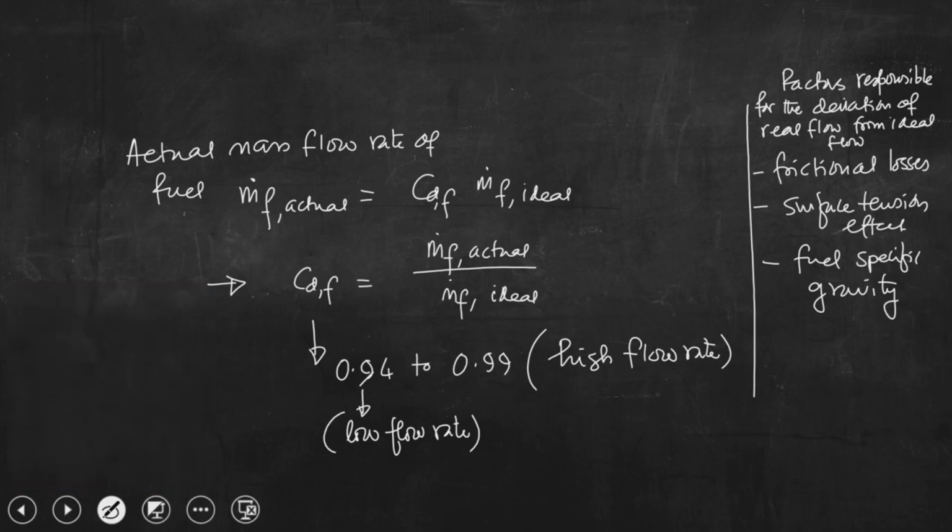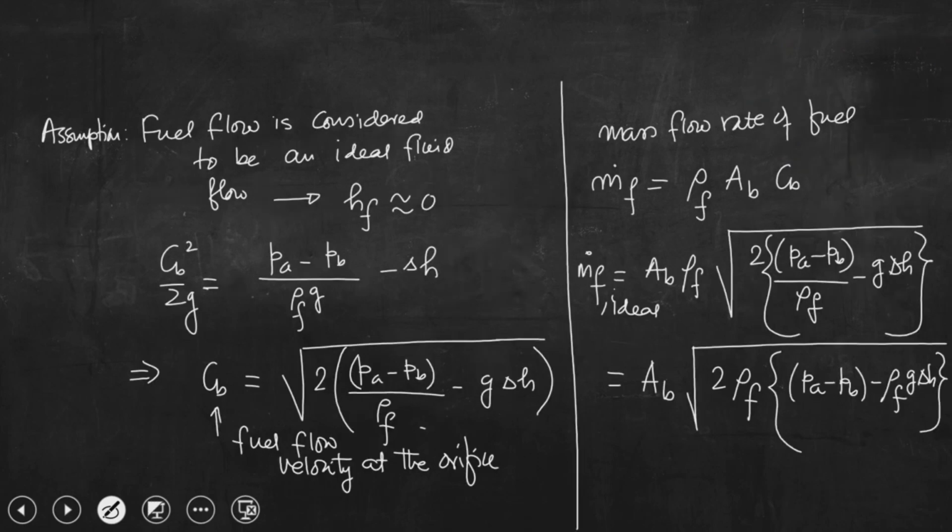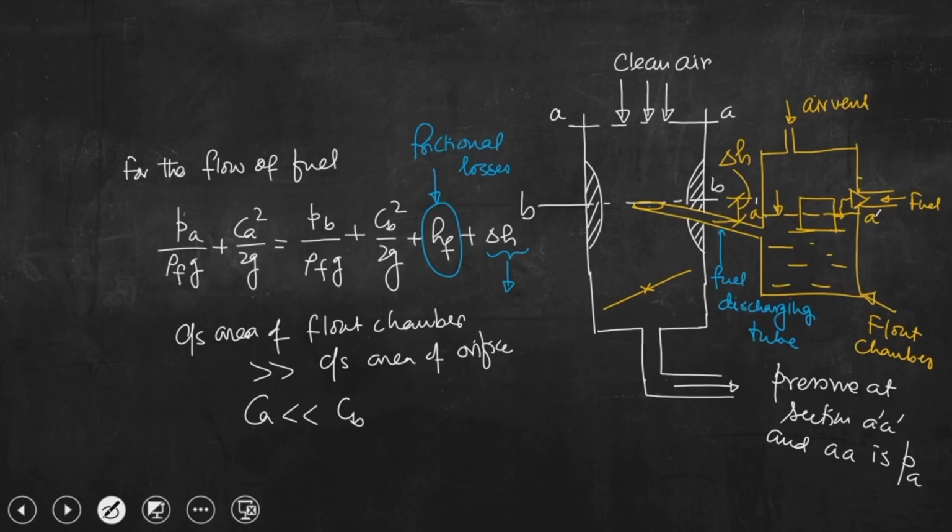So, if we mark them, this is the case. Okay. So, now let me discuss an important point, a very important point. In the last class we had assumed that this is steady state steady flow.